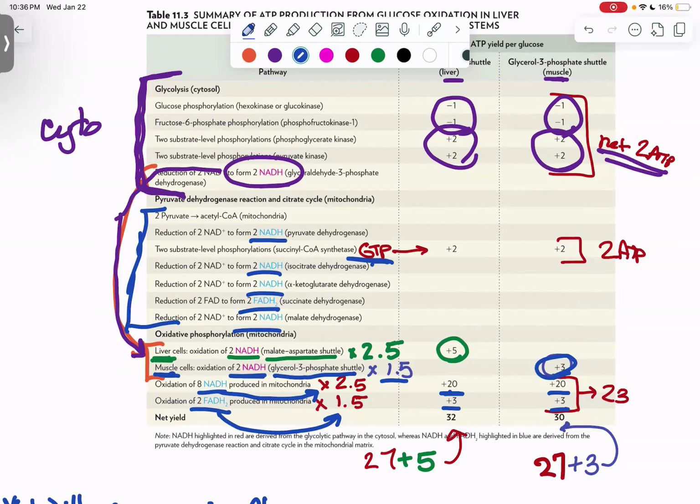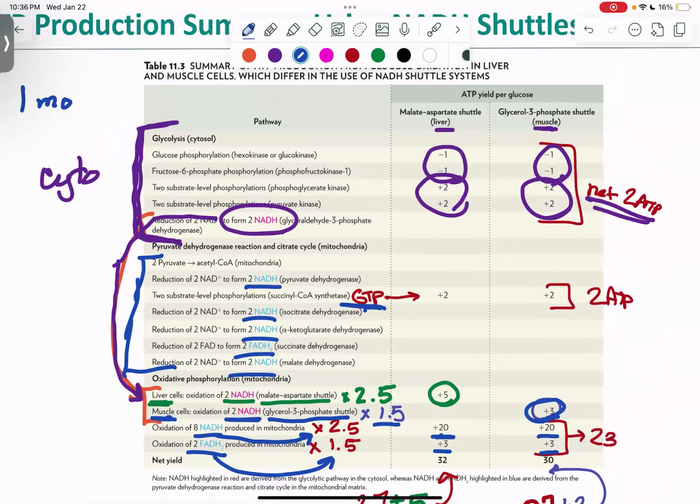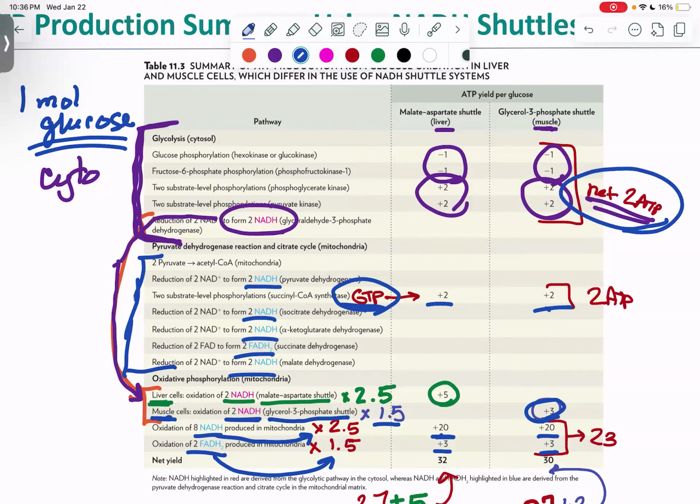And then you also have to remember that you're going to make GTP as well. And you're going to go through the citrate cycle twice, right? Because this is starting with 1 molecule of glucose. So to oxidize 1 molecule of glucose, you're going to have to go through citrate twice. So you're going to get those 2 GTPs, and 2 GTPs are equal to 2 ATPs. So from glycolysis, we got a net of 2 ATP.